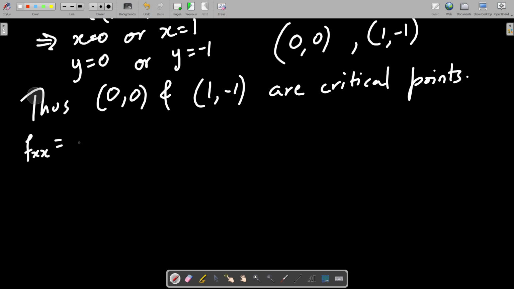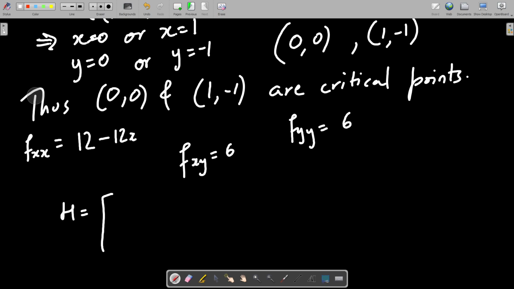Second order derivatives: we had fx as 12x minus 6x square plus 6y, right? So fxx will become 12 minus 12x, fyy will become 6, and fxy will also turn out to be 6. So write down the Hessian matrix because it will be easier for you to remember. Write down the Hessian at a point.